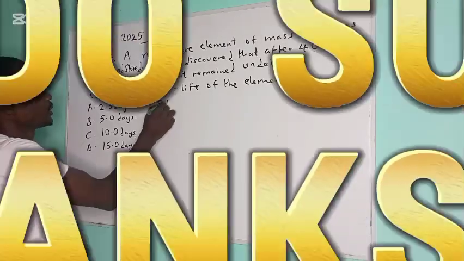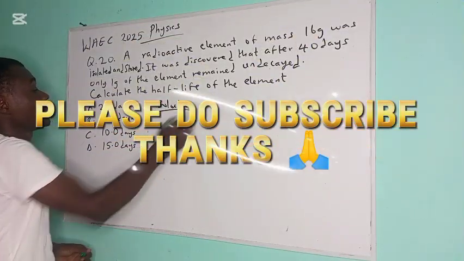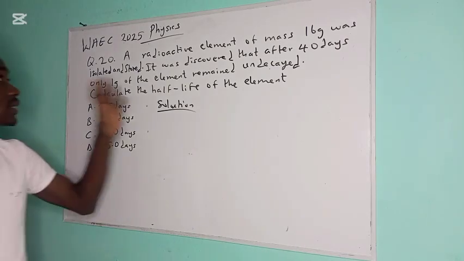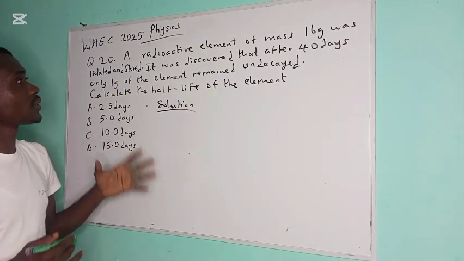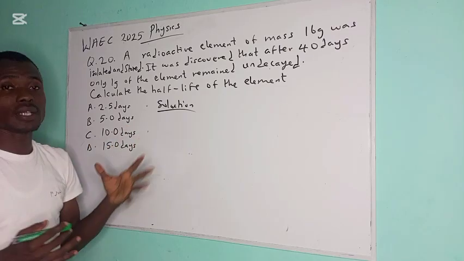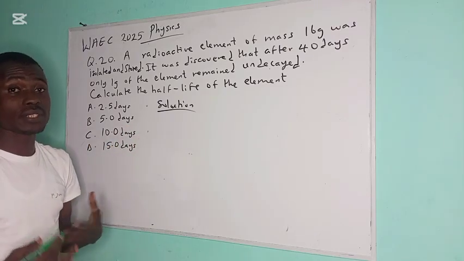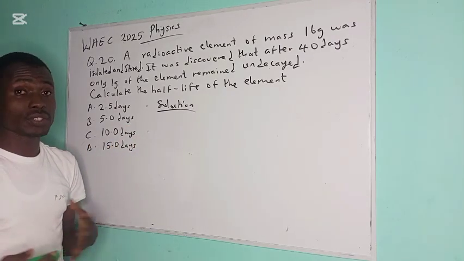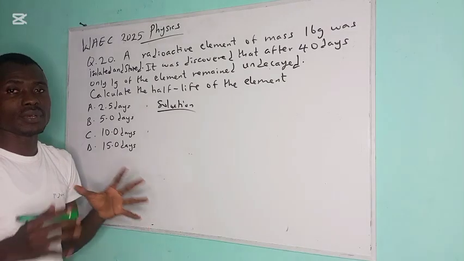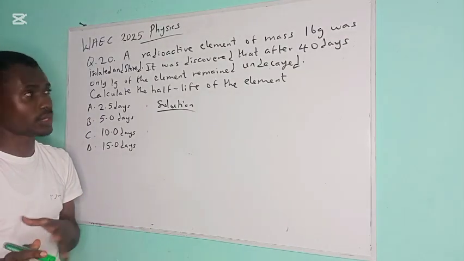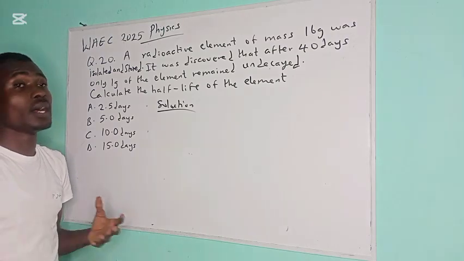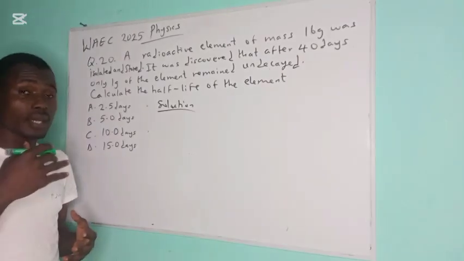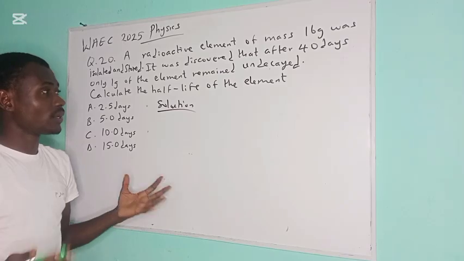Now, this is a radioactive element. It is called a radioactive element because it undergoes a process of disintegration because of an unstable nucleus. As a result, it tends to form more stable nuclides.